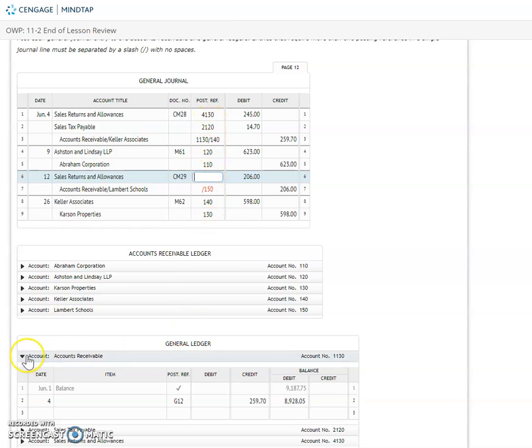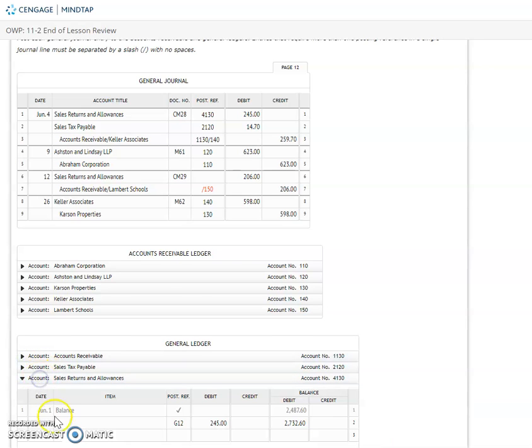Okay, then I'm jumping down because these two are good. So I'm jumping down to my sales, returns, and allowances. The date is the 12th, G12, and I have a debit of $206. A debit and a debit I'm going to add. My new balance then is a debit balance of $2,938.6. Account number 4130 goes back up.